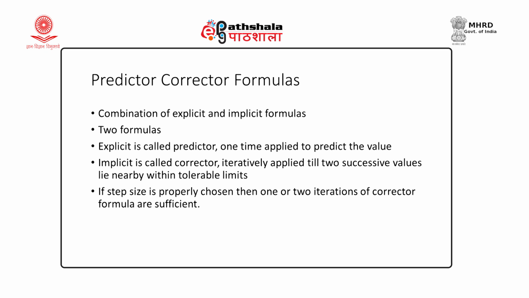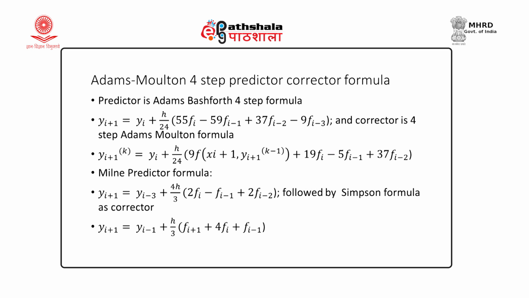So, let us take the formula. The 4 step Adams-Bashforth, which you have learned, the multi-step explicit formula, will be used as the predictor. The corrector, shown for your understanding, is yi plus 1 at the kth step, because it is iterative, equal to yi plus h by 24 times 9 fi plus 1 plus 19 fi minus 5 fi minus 1 plus fi minus 2.